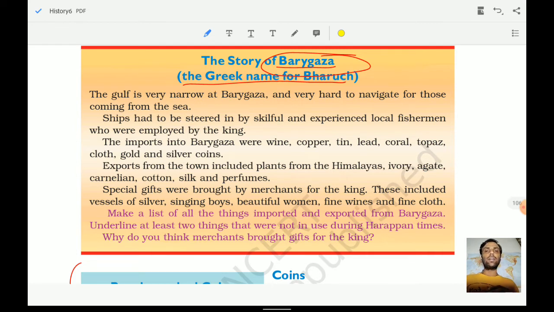In the subsequent chapters, we will look at the different ports on the different coasts and what their names were in the earlier time, like Muziris, Tondi, Masulipatnam, and Barigaza. We will look at this in more detail in the next chapters when we go to NCERT class 7 and class 12. Then it becomes really important for us. But as of now, remember that in the Greek language, Bharuch used to be called Barigaza.